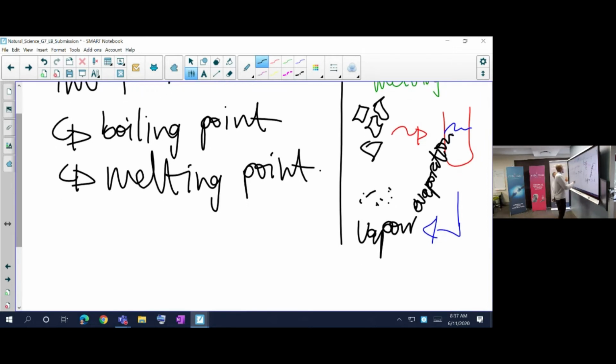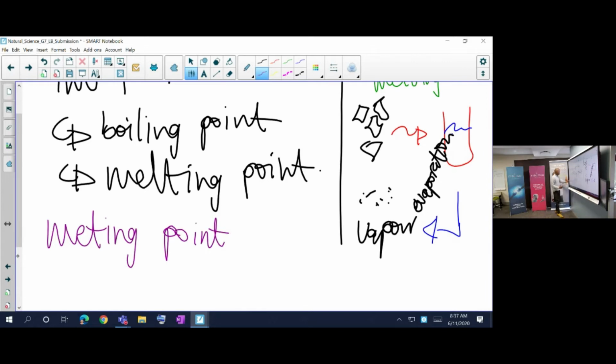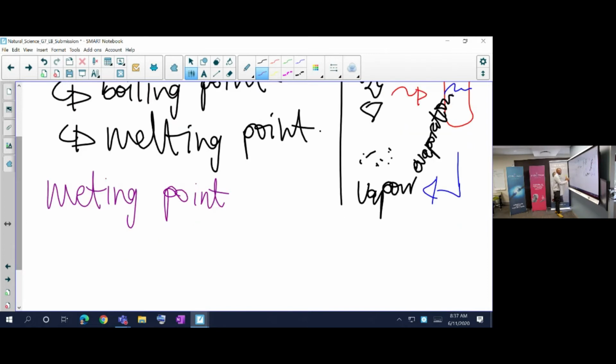Let's start off with melting point. The melting point of a material is when our solids are transforming into our liquids. They are melting.